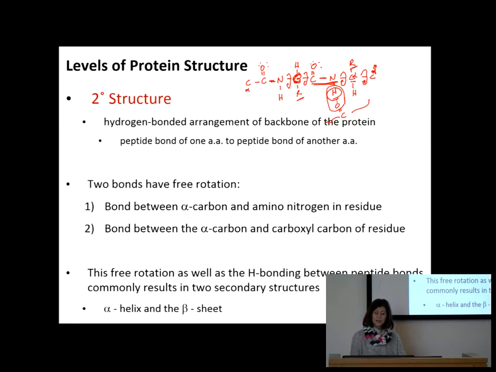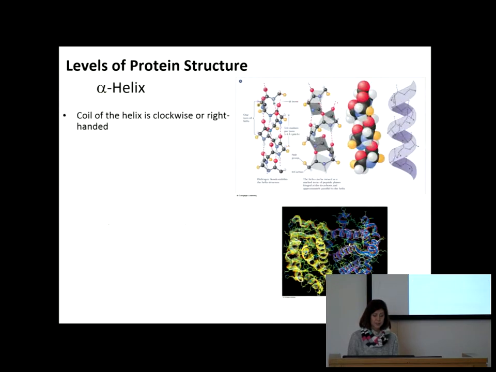So it's going to make like a zigzag shape, and that's going to influence our shapes. So those factors, the free rotation around the alpha carbon and this hydrogen bonding that I've been talking about, result in two local structures, the alpha helix and beta sheet. So let's take a look at those.